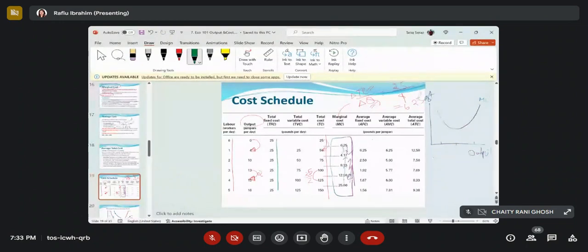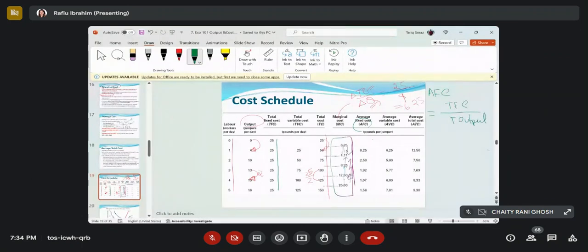So average fixed cost is equal to total fixed cost divided by total output.